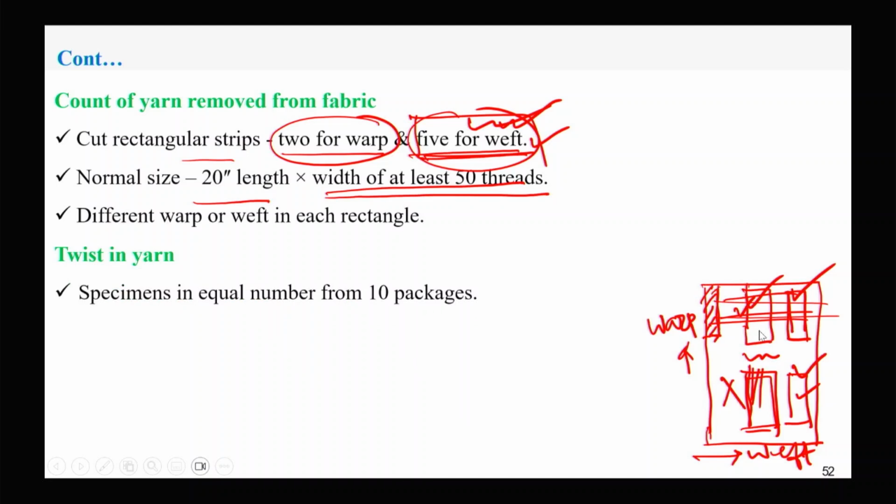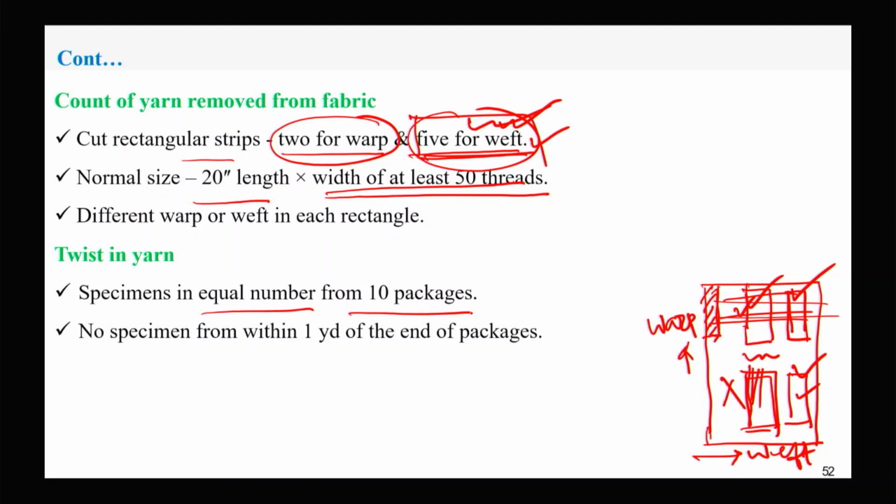And if you want to test the yarn twist, then specimens in equal number from 10 packages you have to take. No specimen within 1 yard at the end of the pack, because the twist may get untwisted at the edge. Okay, end point.